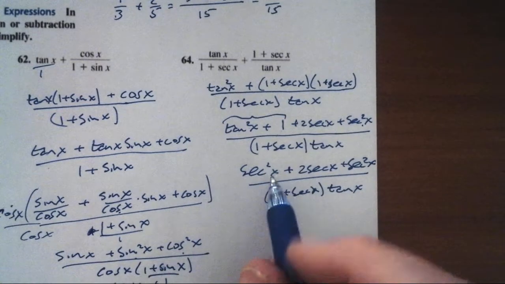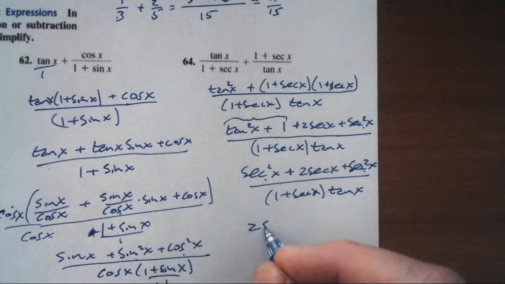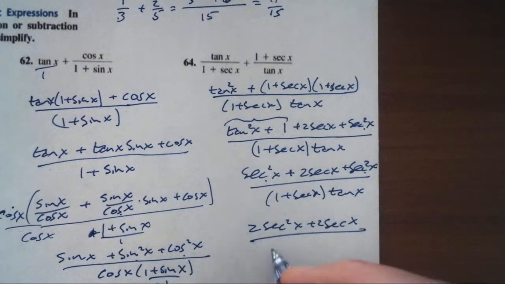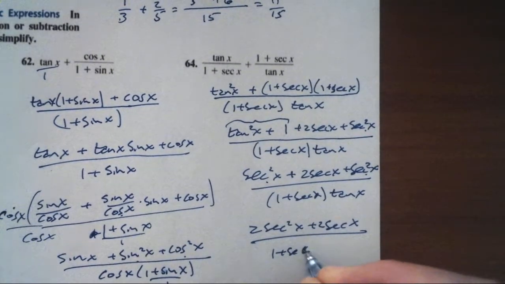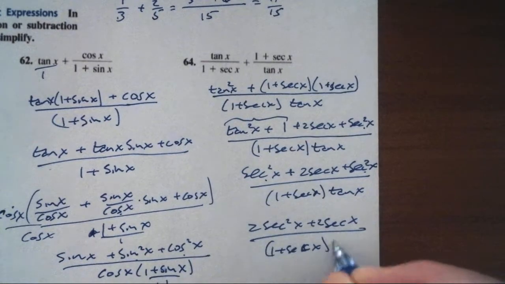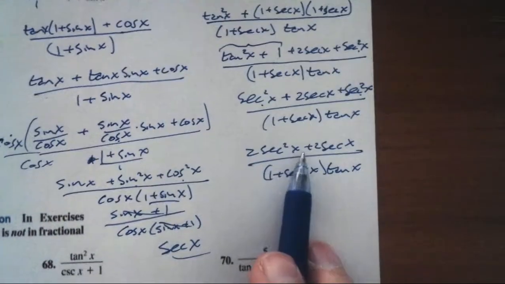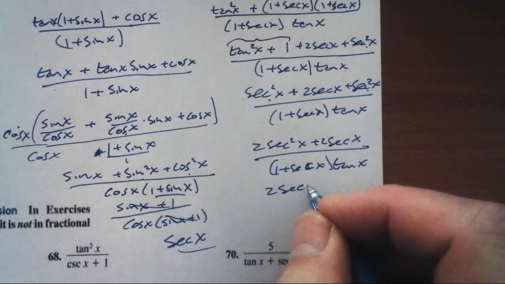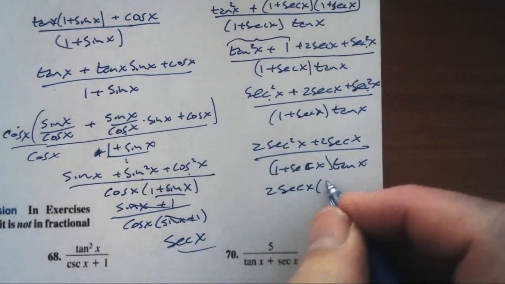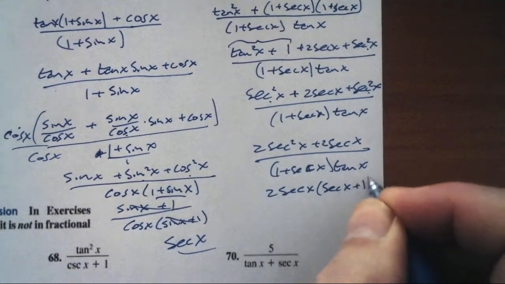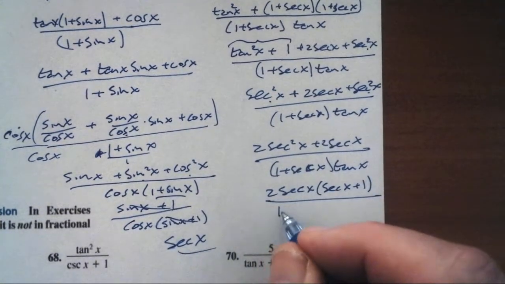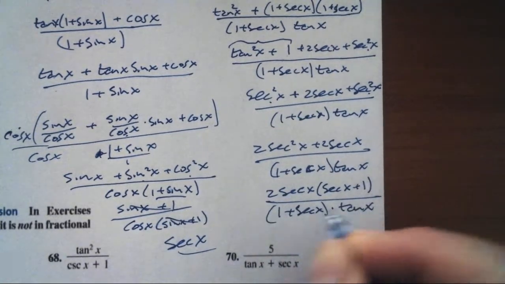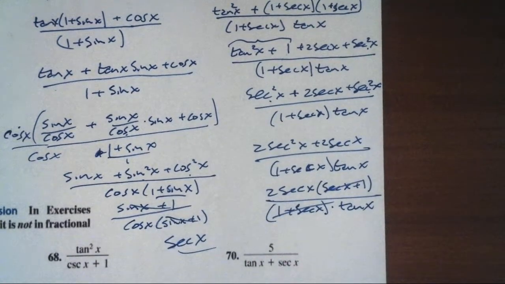And let's see, that's 2 of these secant squareds, all on 1 plus secant x times tangent x. If I factor out a 2 and a secant, well, something good did happen. 2 secant x, I'm left with a secant of x plus 1 on a 1 plus secant of x times tangent of x. And we're looking pretty good right there.